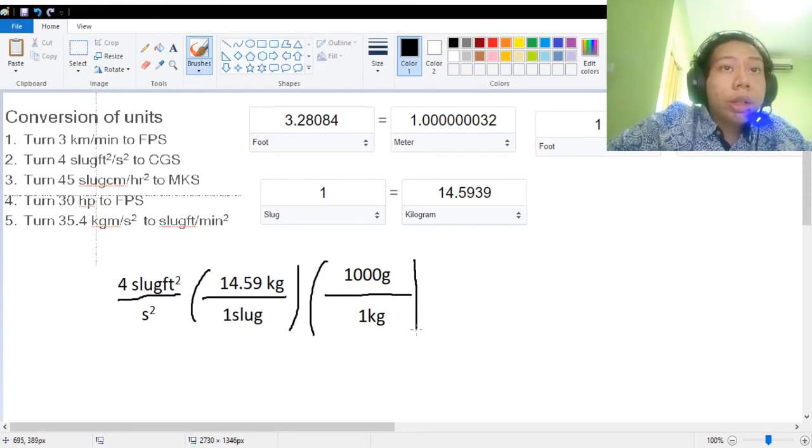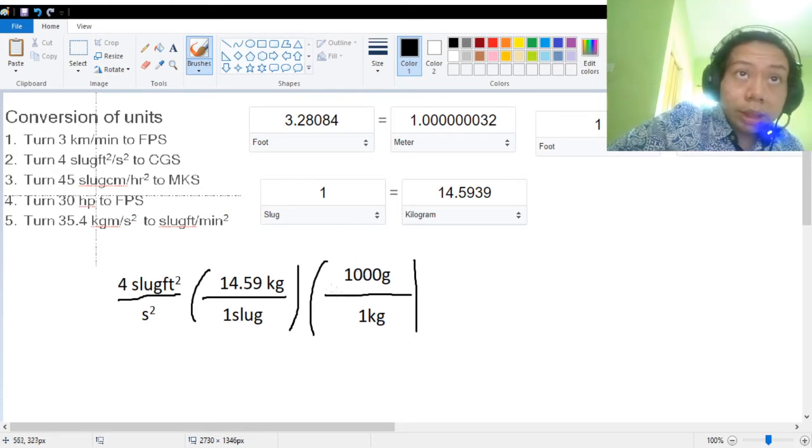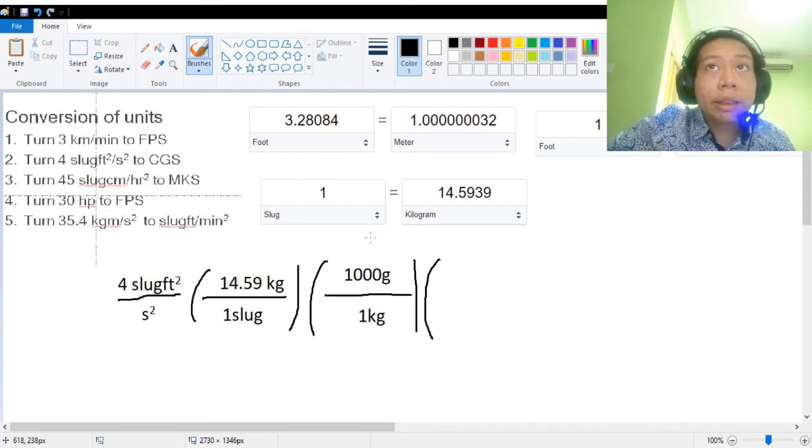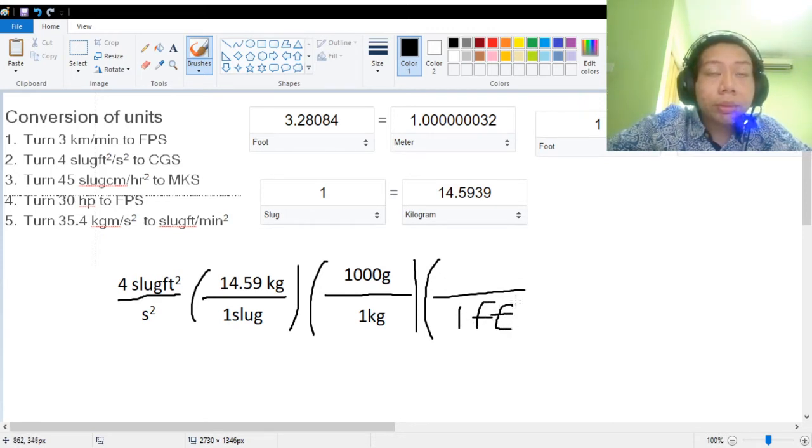Okay, finish. After we convert this slug into grams, we need to convert feet squared into centimeter squared. So the first thing is to convert foot to meter first, then meter to centimeter. So we need to cancel this feet squared, so 1 feet and squared because it is feet squared.